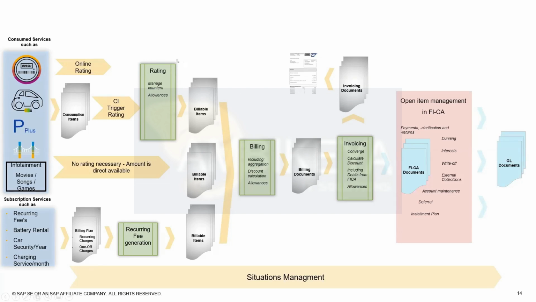Now, out of this process, out of rating, billing, invoicing, and out of the FICA processes, you can feed the situation management. And that is new in this slide, that over all of these processes, we have the situation management.